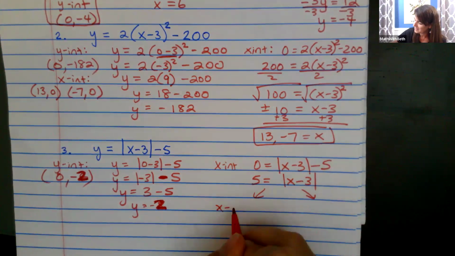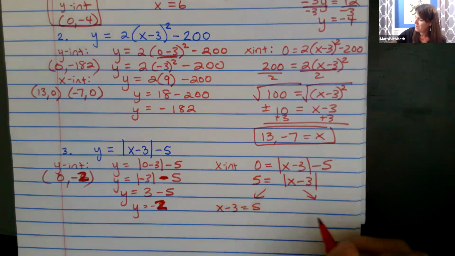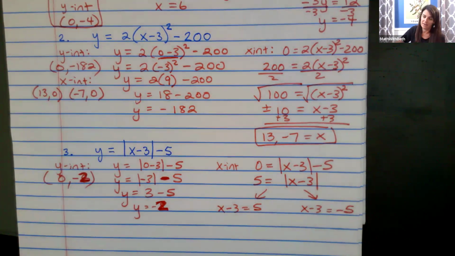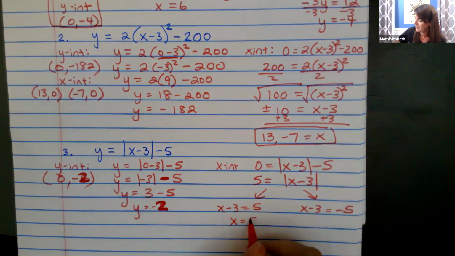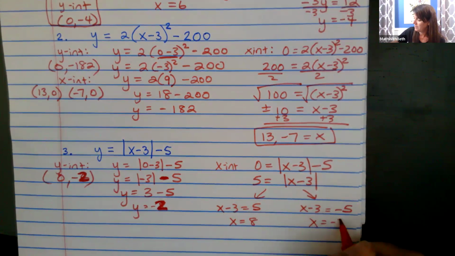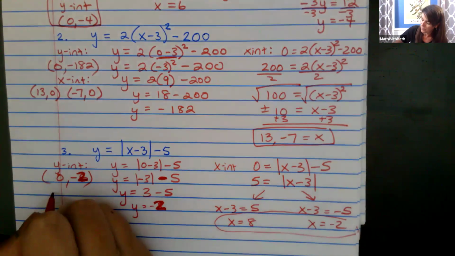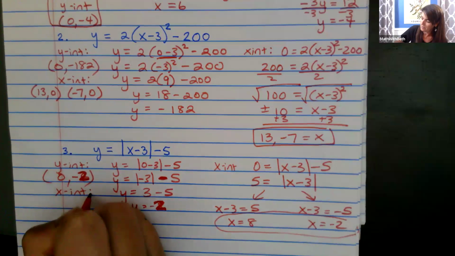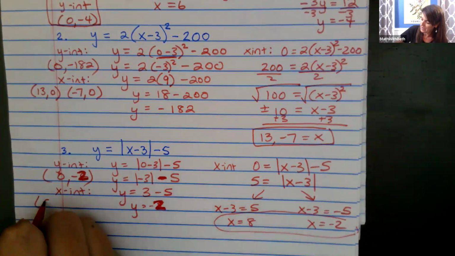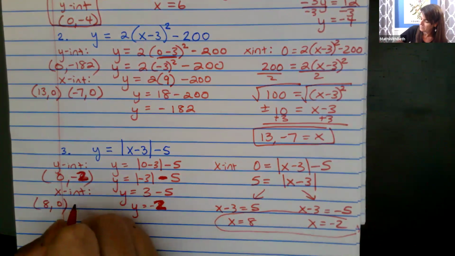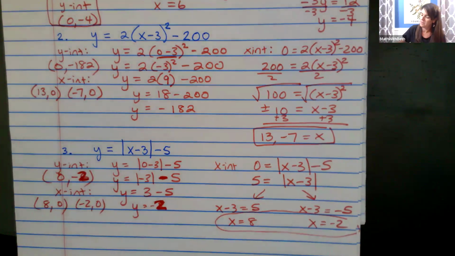So one would be x minus 3 equals 5, and the other equation would be x minus 3 equals -5. So I add 3, and I add 3, and I get two x-intercepts again. So if I wanted to write them out, it would be 8, 0, and -2, 0.